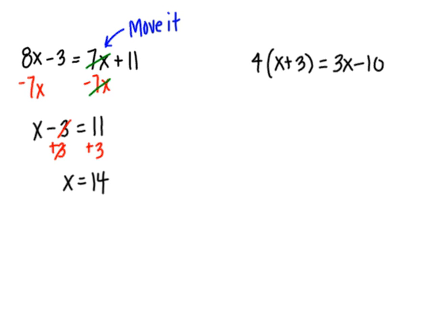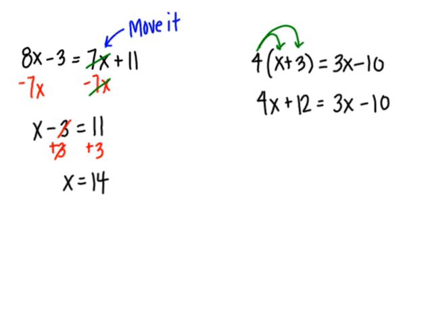The last one has parentheses. 4 times parentheses x plus 3 equals 3x minus 10. I have to get rid of the parentheses first, so I'm going to distribute that 4 through the set of parentheses. That gives me 4x plus 12 equals 3x minus 10.